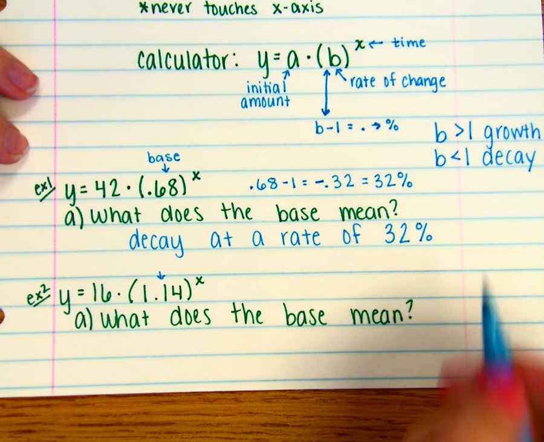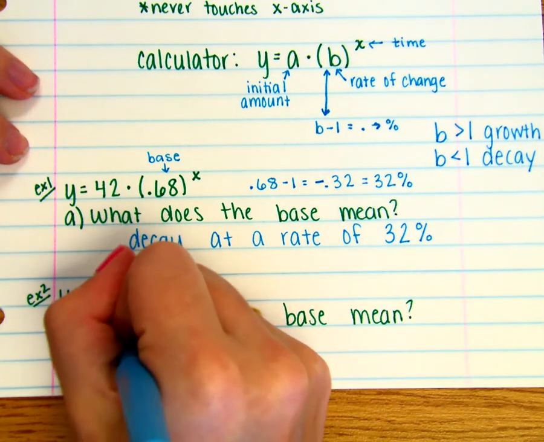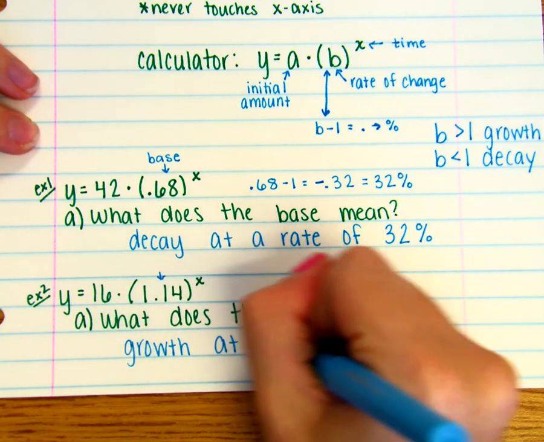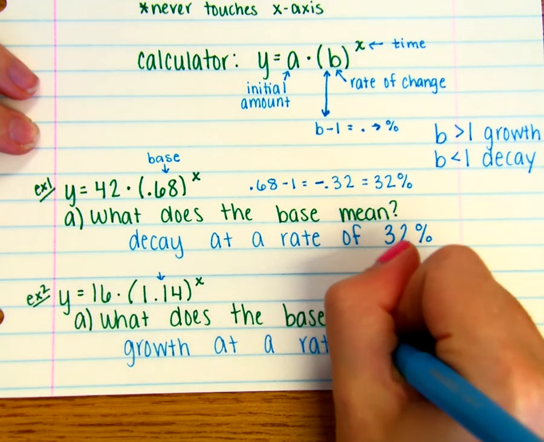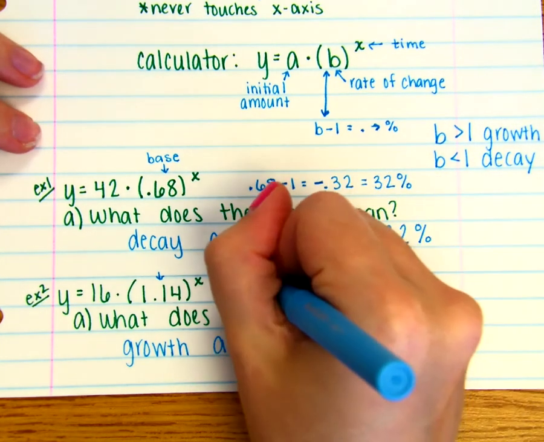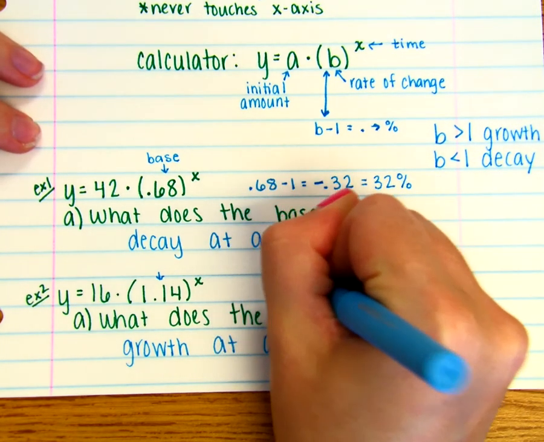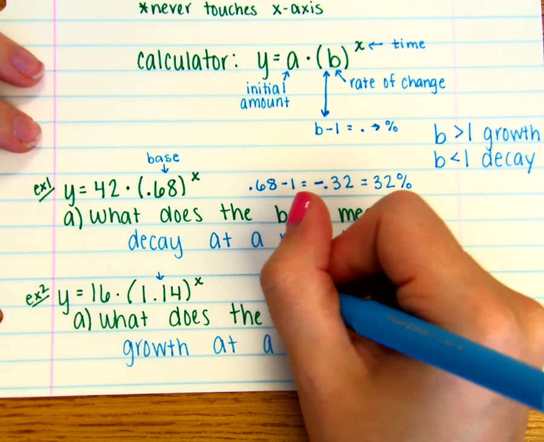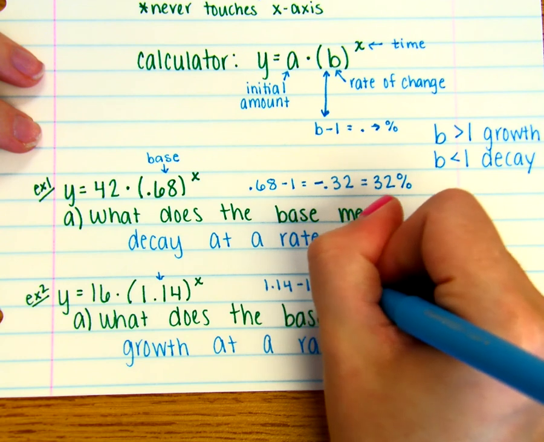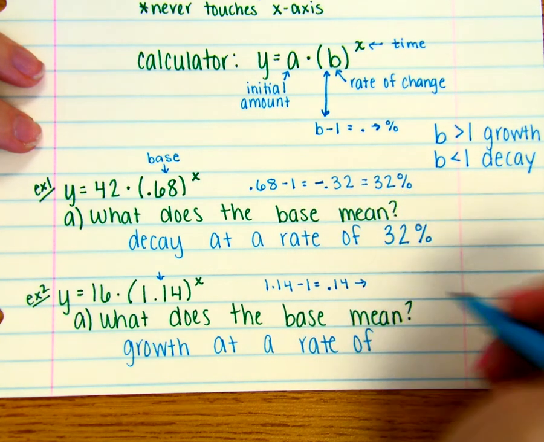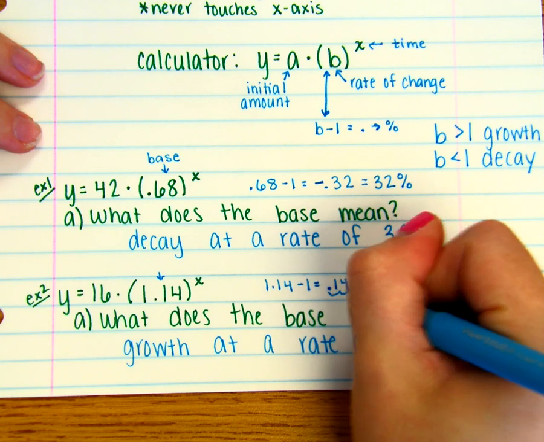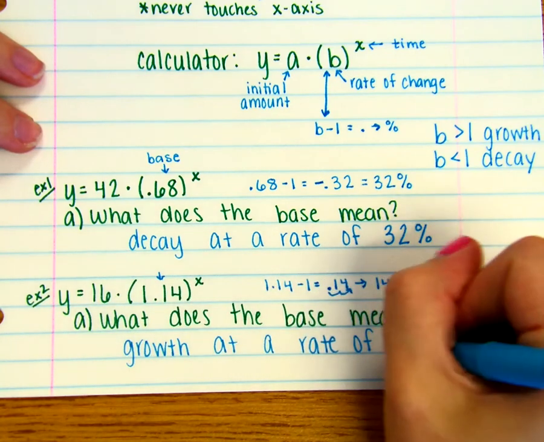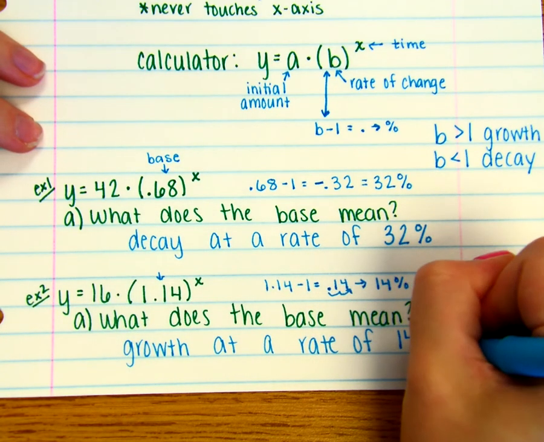We can see that 1.14 is greater than 1, so that means that it is a growth at a rate of, and now we subtract 1 from it, 1.14 minus 1, and that's going to give us our percent. 1.14 minus 1 is 0.14. Multiply it by 100 or move the decimal 2 places to the right, and we get 14%. So it's a growth at a rate of 14%.